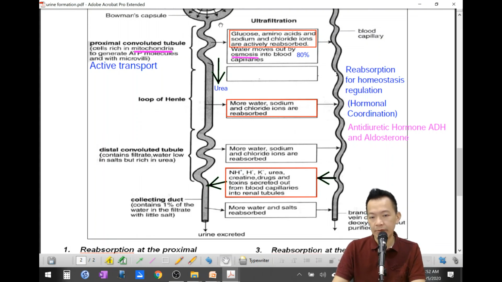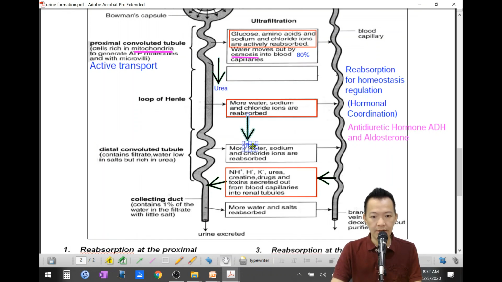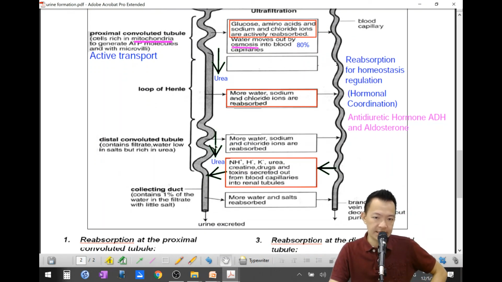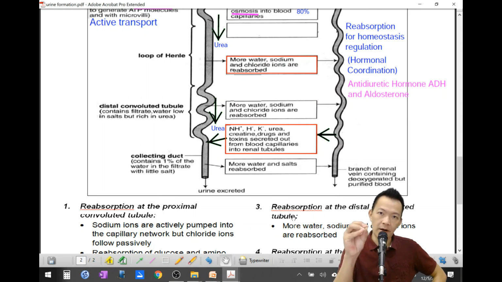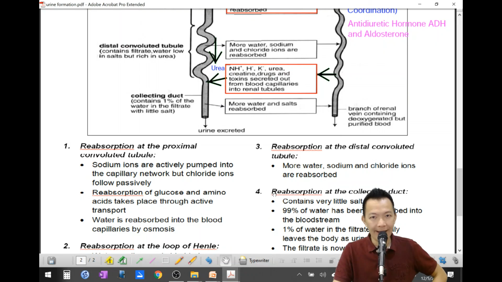Some of the good material will be absorbed back, but some of the waste material like urea continues to flow. So the urea concentration gets higher and higher as it flows down. So secretion also takes place here. Excretion also happens here, and then it goes to our bladder, which is called excretion. Okay, so set the title as reabsorption and excretion. Okay, all together, bye bye.